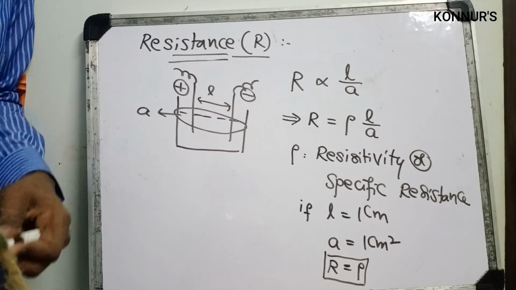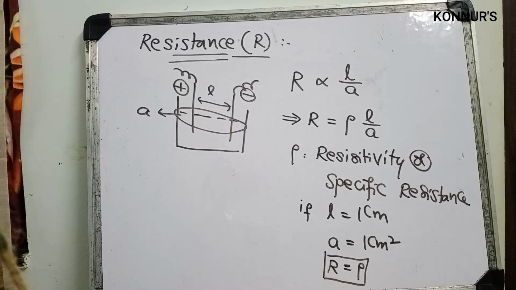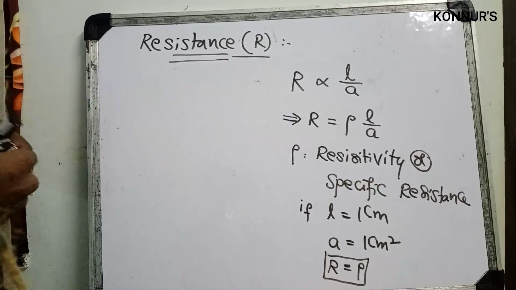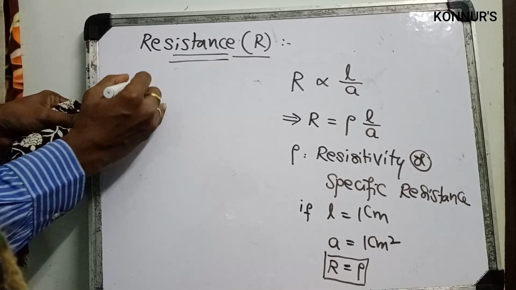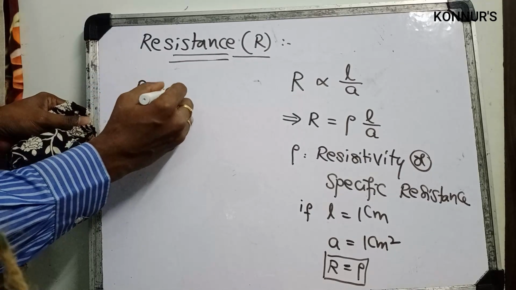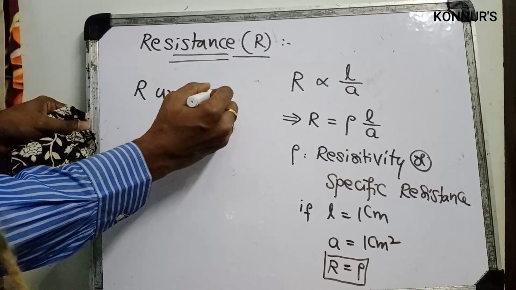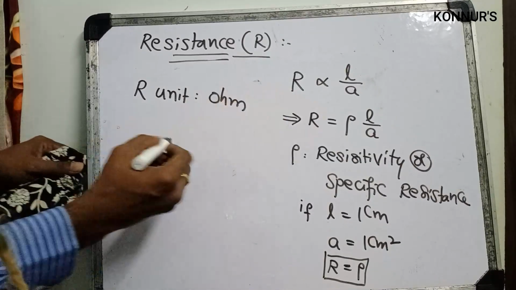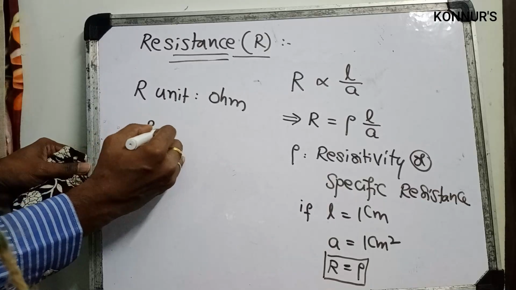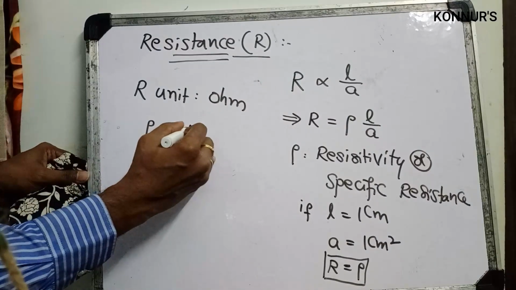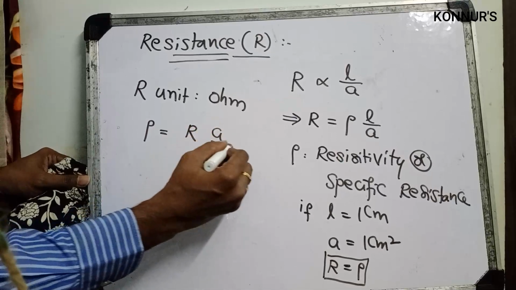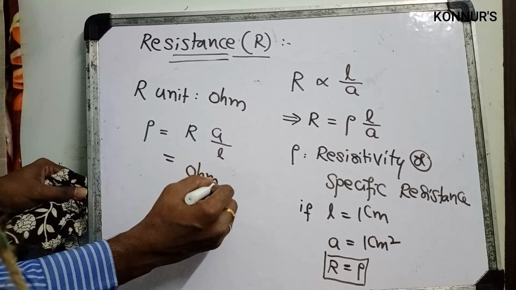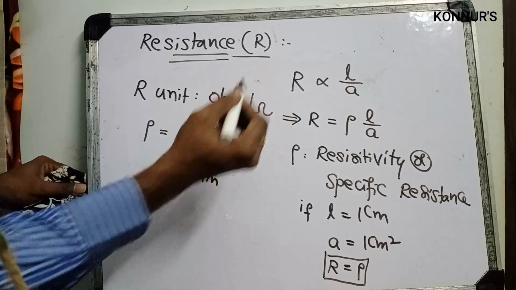See here the units. The resistance unit you take as ohm. Next, what about resistivity? Rho equals R into A by L. So R is in ohm, and it is indicated with a symbol also.